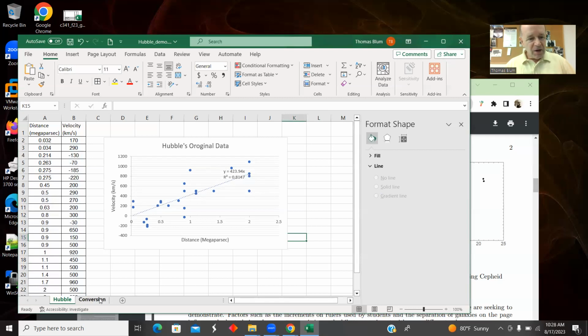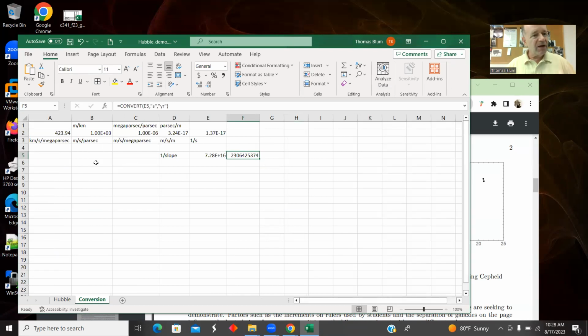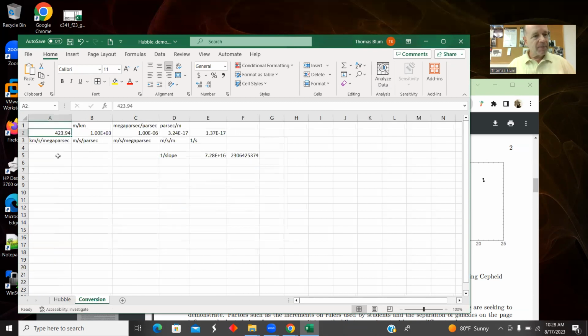So over here in the conversion page, I took this 423.94 that I got from the y-axis. This is the slope, so it's a rise over a run. So its units are kilometers per second per megaparsec.